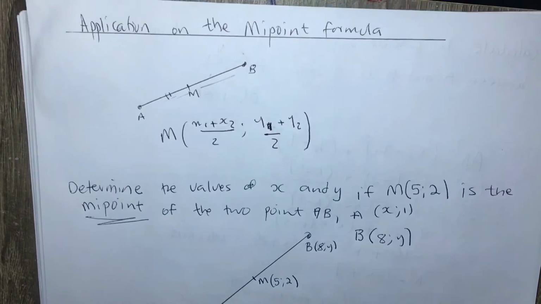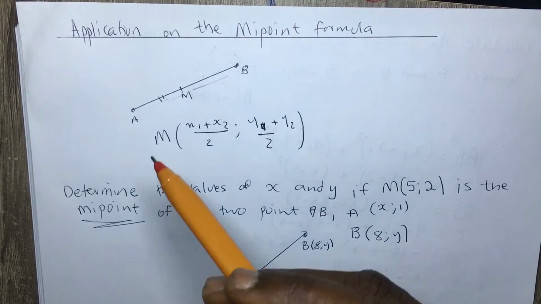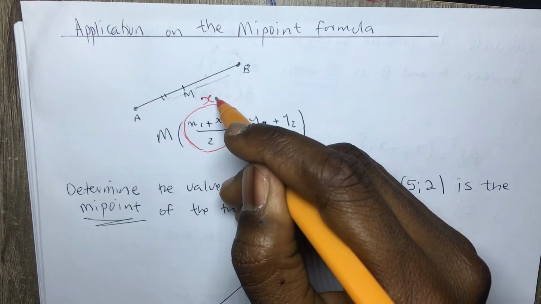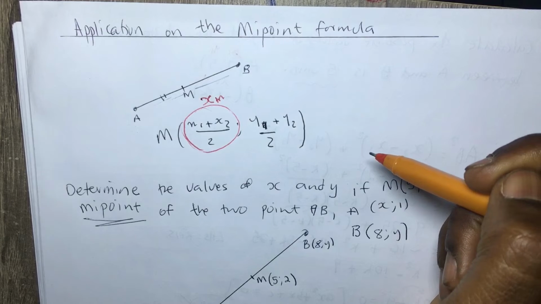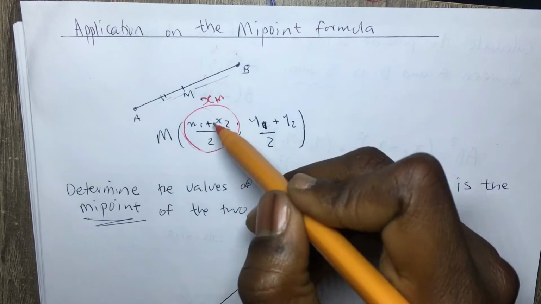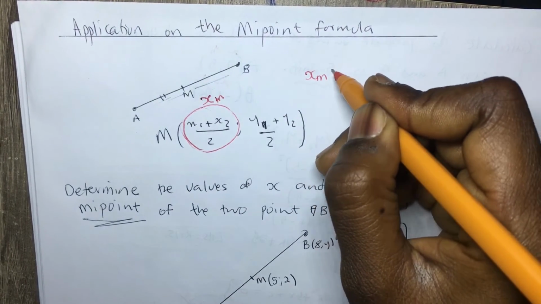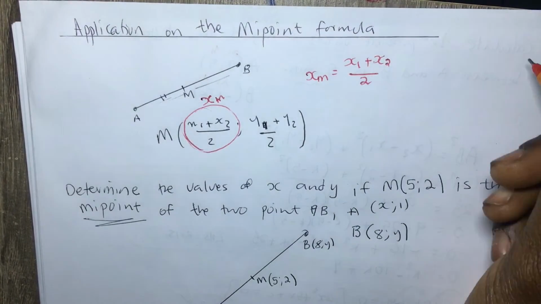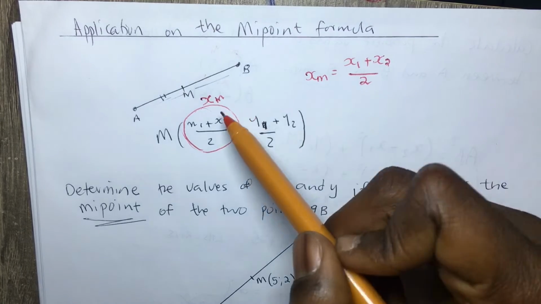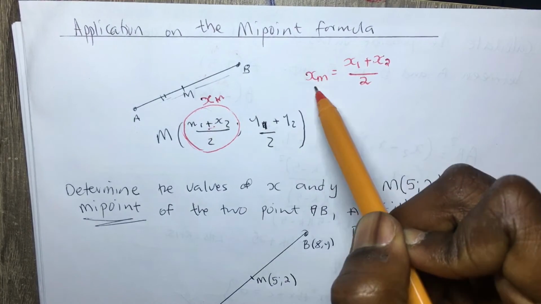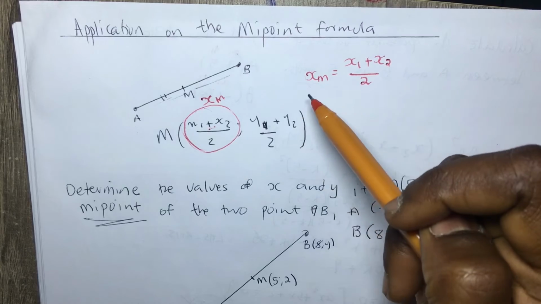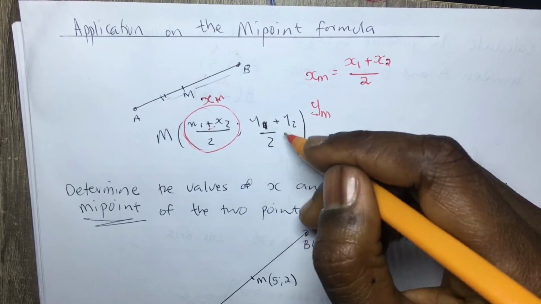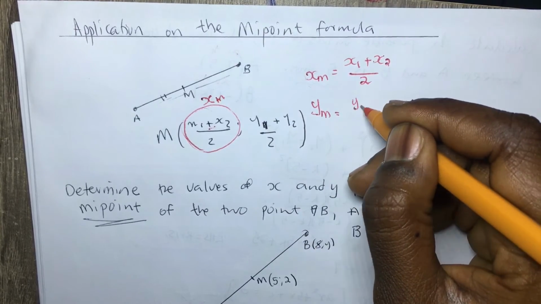Now what we are going to realize is that this part of the formula gives you the x part of the midpoint. Can you see it? So this part will be equal to the x part of the midpoint, because this formula is actually giving me the midpoint. So I can equate this to the x part of the midpoint, and if I'm looking for the y part of the coordinate, I can use this one.